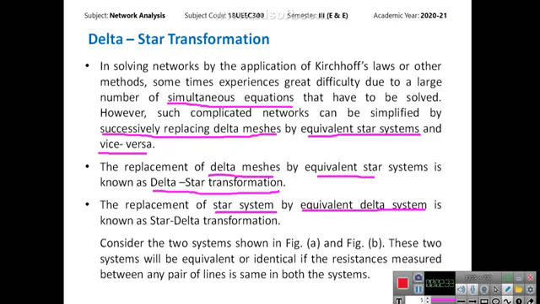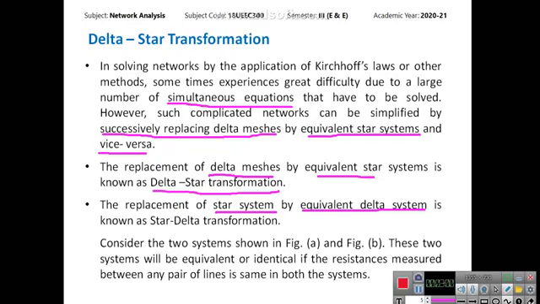In order to understand this delta star and star delta transformation, let us consider two systems shown in figures A and B. These two systems will be equivalent. Figure A is a delta system, figure B is a star system.